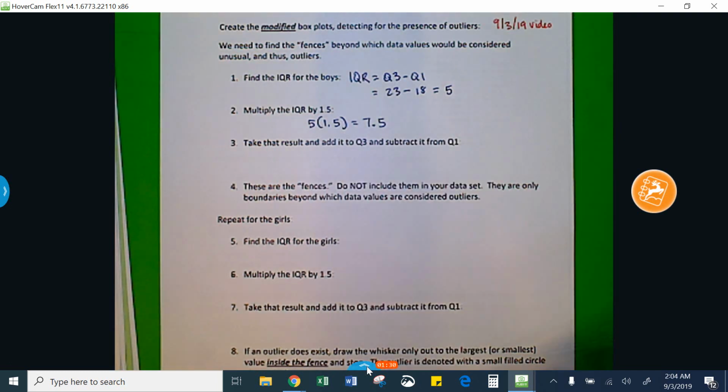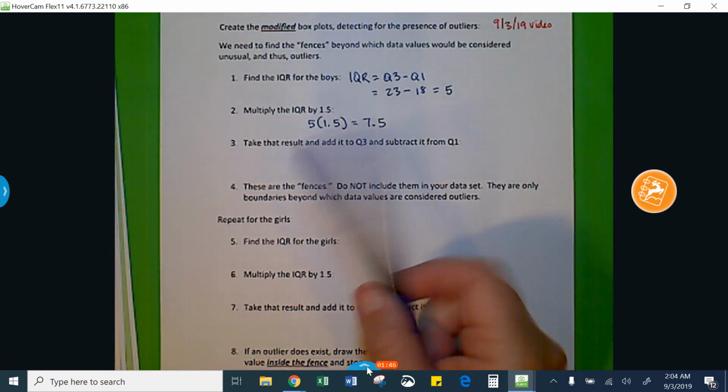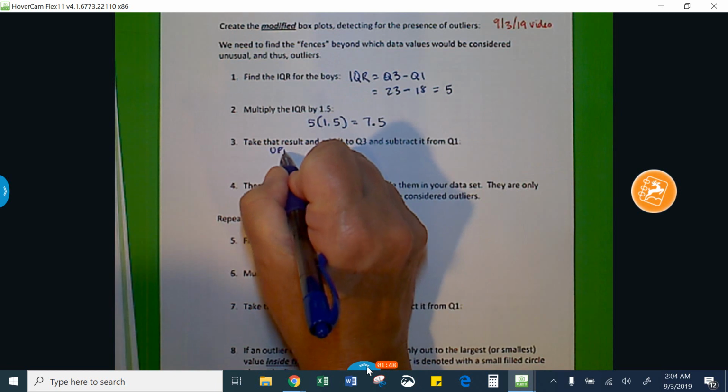And we're actually going to add and subtract 7.5 on either side of the quartile 1 and quartile 3 points, to figure out where these imaginary boundaries are. So, we'll call it the upper fence.